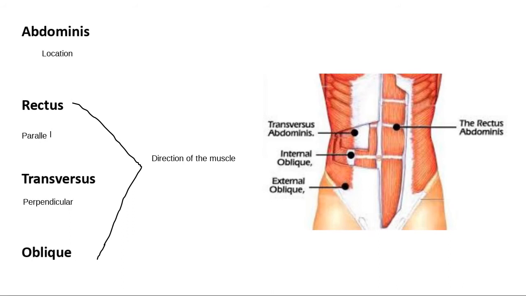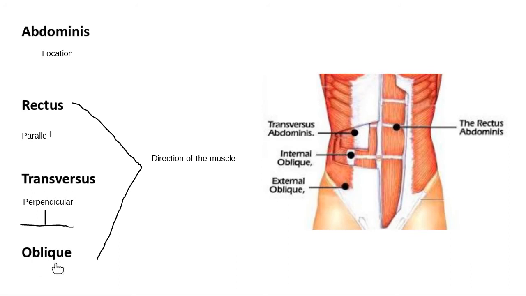Perpendicular, if you remember way back from geometry, if you ever took geometry, perpendicular lines look like this. So we've got one line that's going left and right, one line that's going up and down. These things are perpendicular to each other. They're opposites, basically. Transversus abdominis is my layer of muscle fibers that are perpendicular or opposite to the vertebral column in the back. So transversus meaning perpendicular, opposite of the spine, for example.